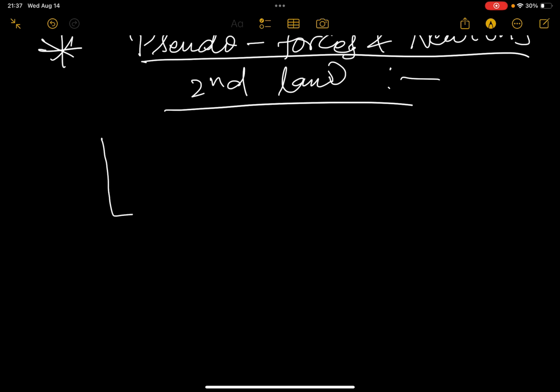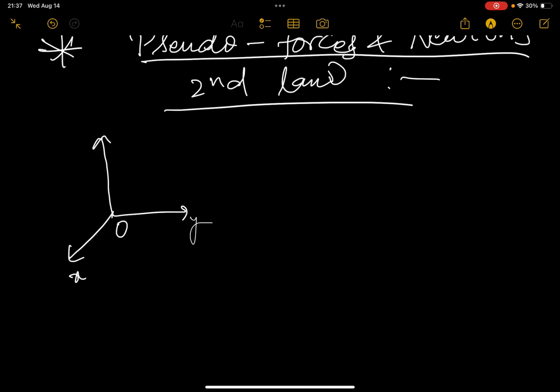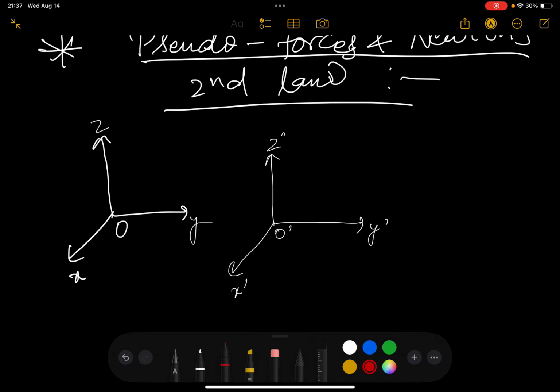So let's say this one is OXYZ, an inertial frame of reference, and I am defining the non-inertial frame as O dash, X dash, Y dash, Z dash, and I'll define the point mass particle as this one, and the position vector will be something like this: R vector, and this will be R dash vector.